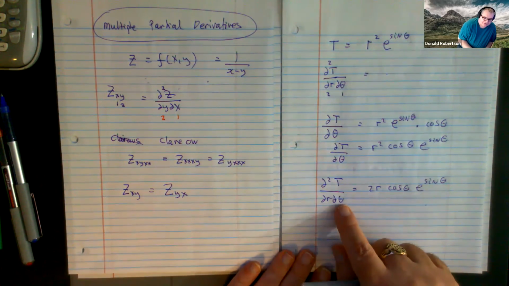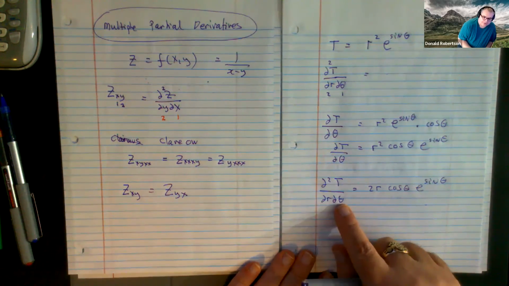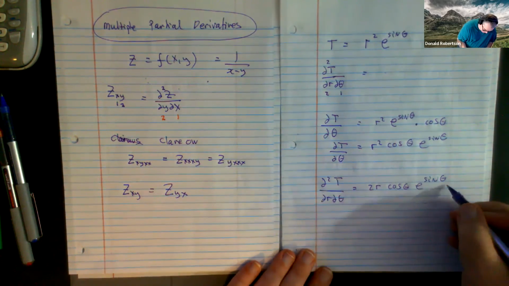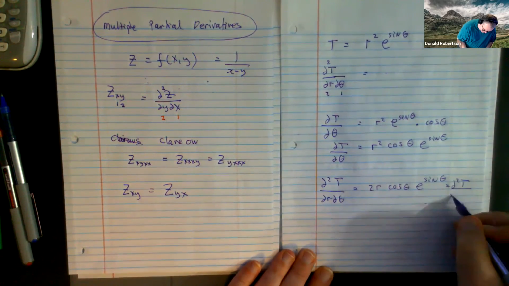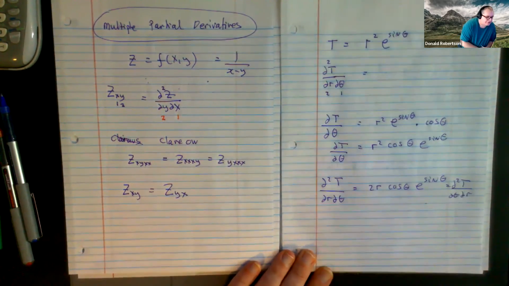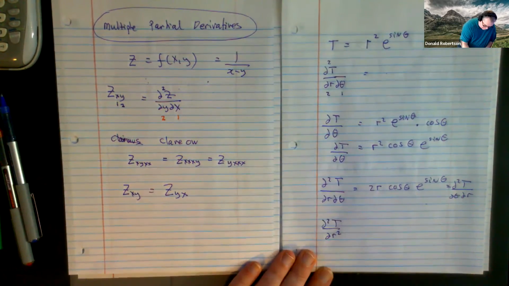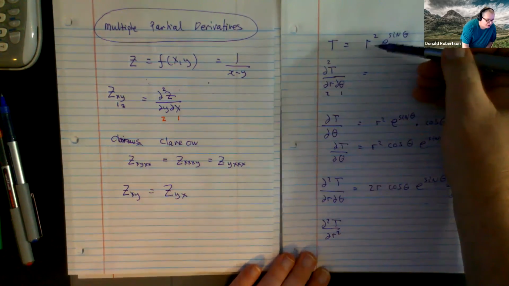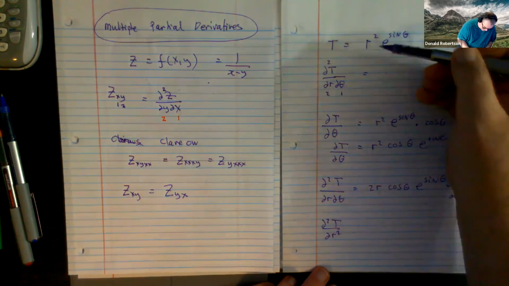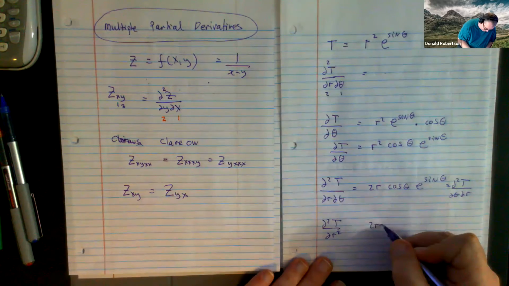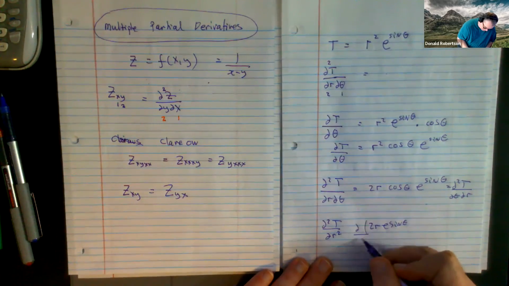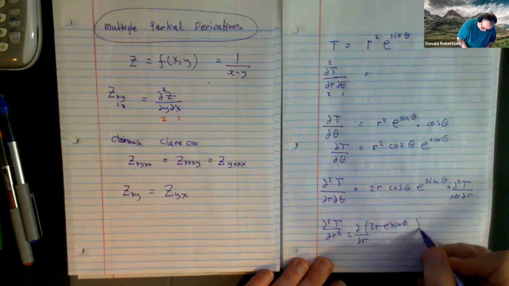If they went and asked us to find all possible second derivatives, wouldn't I be able to use this answer and that answer together because they're the same? If I wanted to do that guy, when I differentiate this with respect to r, which would be 2r e to the sine theta, and then just differentiate that again with respect to r, I'd get a very easy answer, right?